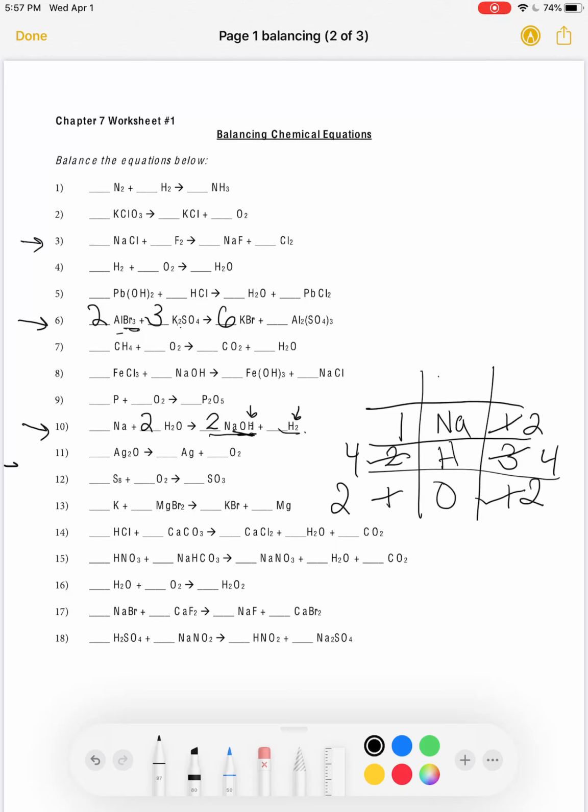The only thing I need to do is take this sodium and put a 2 there as well. So I get tuna. Ha ha ha. Okay. So what I'm left with is 2 sodiums, 2 waters, 2 sodium hydroxides, and 1 H2.